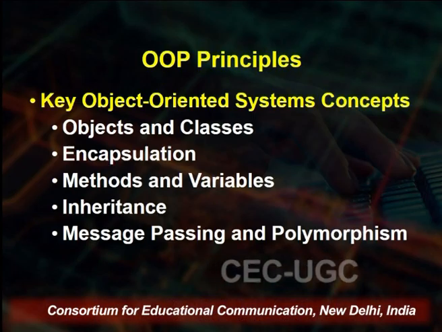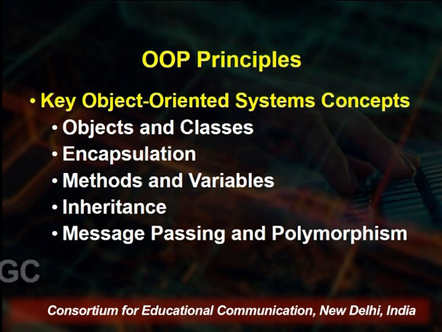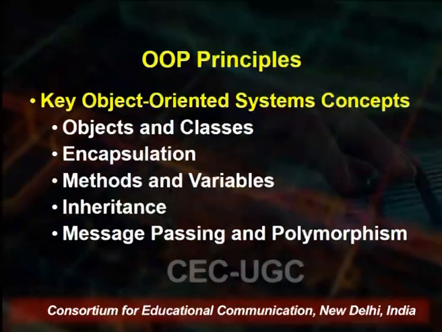Inheritance is also a very important principle of the object oriented programming paradigm, and then we have message passing and polymorphism. So apart from objects and classes, encapsulation, abstraction, inheritance and polymorphism are known as the fundamental principles of the object oriented programming paradigm.